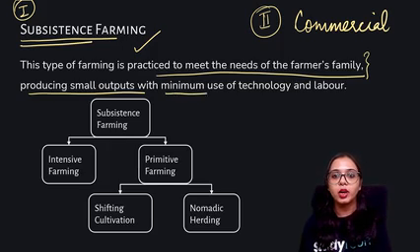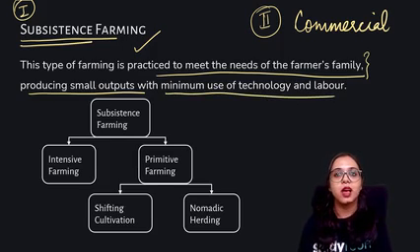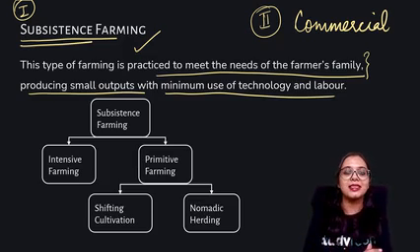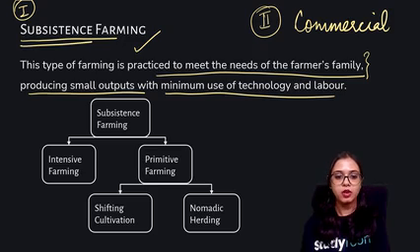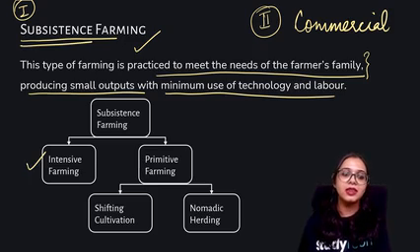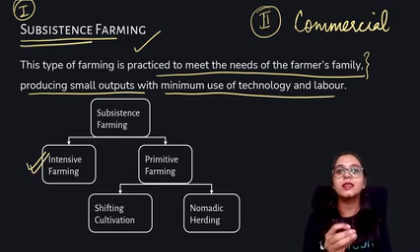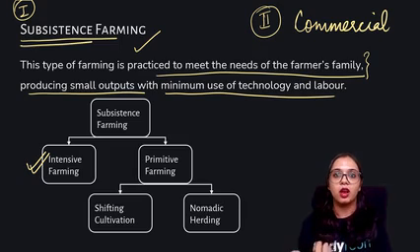So therefore, there would be a minimum use of technology and labor, and often the family members are involved in helping the respective farmer in the farming processes. All right. So subsistence farming is divided into two types: intensive and primitive farming. When we are talking about intensive farming, we have to keep in mind that yes, there is that quality of subsistence farming that the farmer may be using low technology or minimum labor.